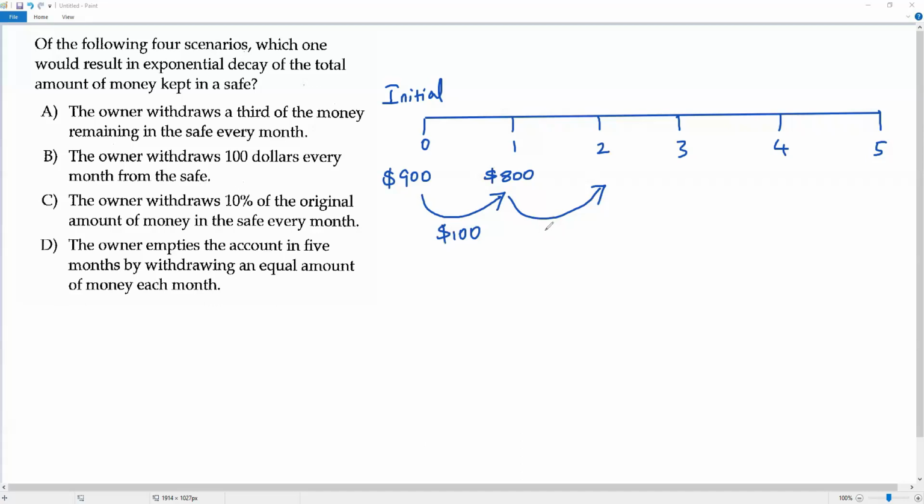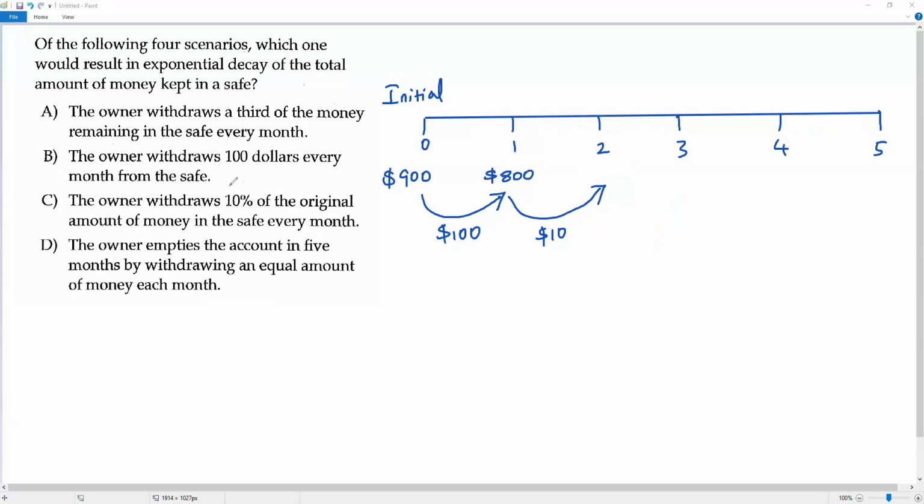At the end of the second month also, he withdraws $100, and the remaining money will be $700. At the end of the third month also, he withdraws $100. So this clearly shows there is a constant difference. This clearly shows linear decay. So option B is linear decay.